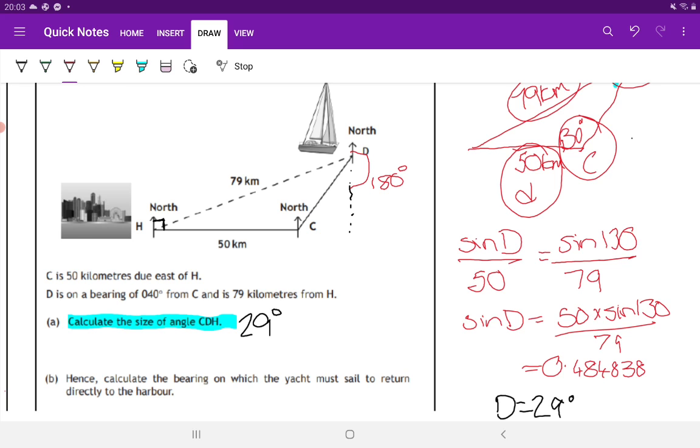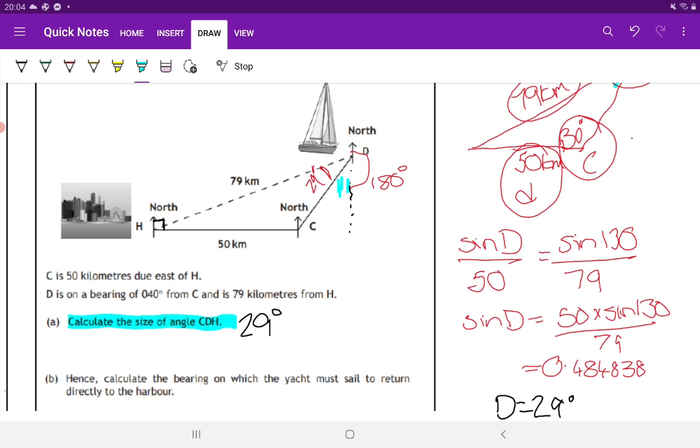And we've just worked out that this angle in here is 29 degrees. So what we still need is this little bit in here, because if we add all three of those together, the 180, the 29, and whatever that wee blue bit is, we've got the bearing that it needs to return on.